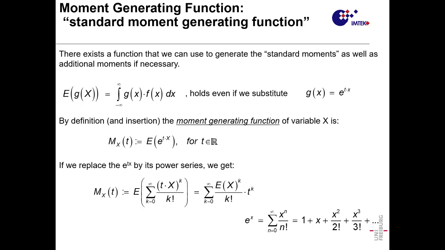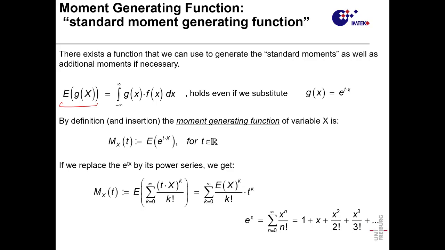So the way that we do it is, again, we start with the expected value of some function g of x. We can treat the expected value as a function of x, we saw that before.